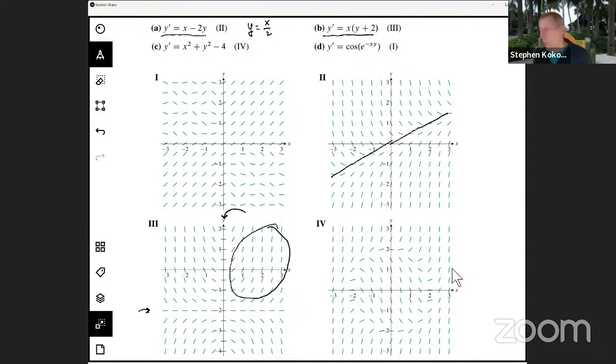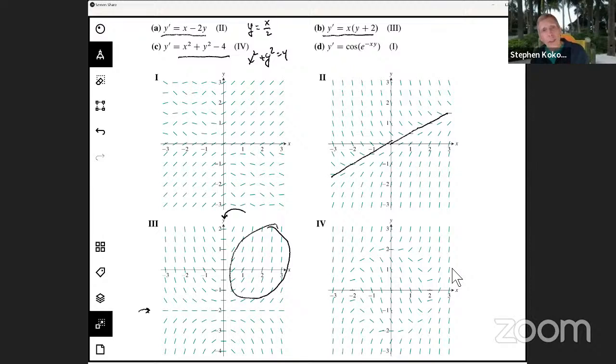C, how about this one? Well, here's what I saw over here in this one. Once again, I was thinking about, well, when is that derivative going to be zero? I can kind of see that equation on the right-hand side, and I'm thinking, that's kind of related to a circle. I'm going to scribble a little bit off to the side here: x squared plus y squared equals 4.